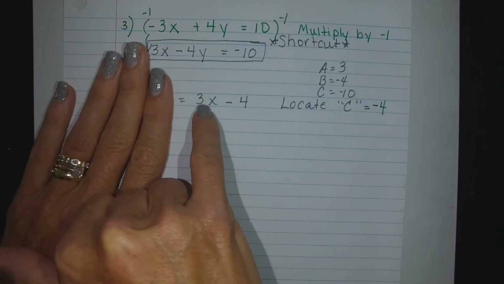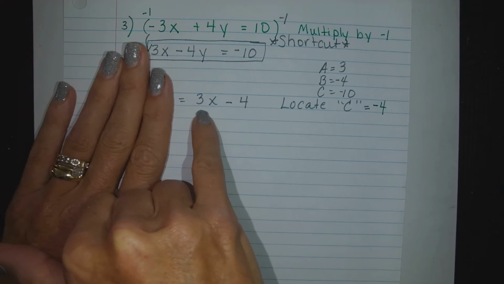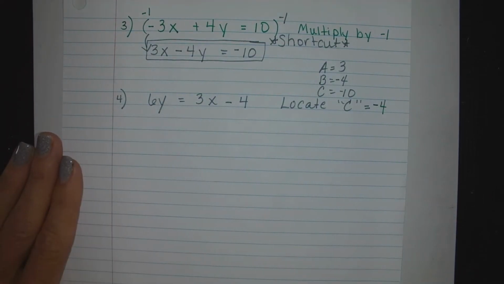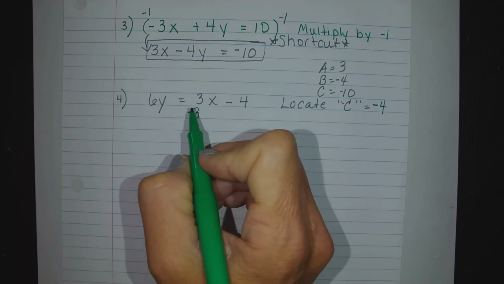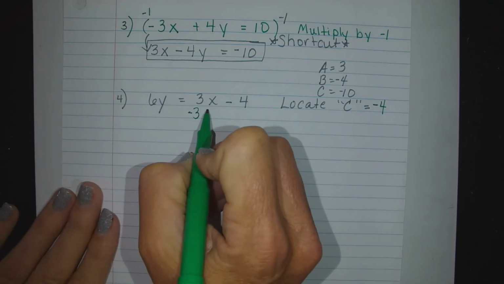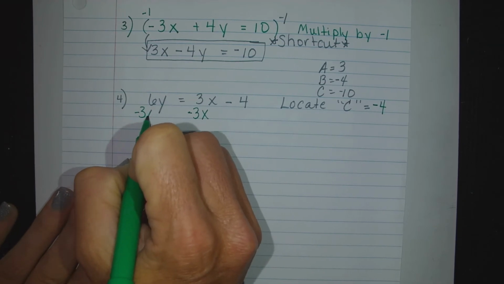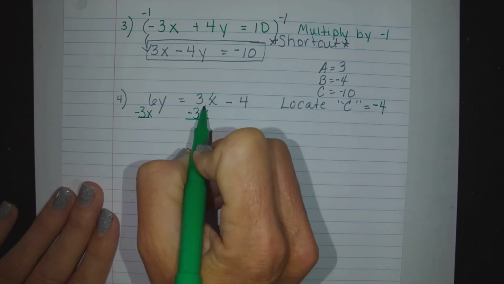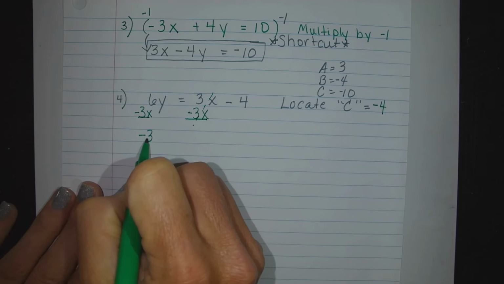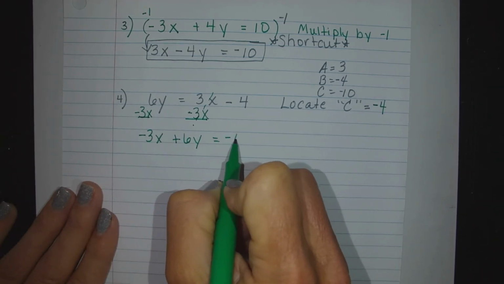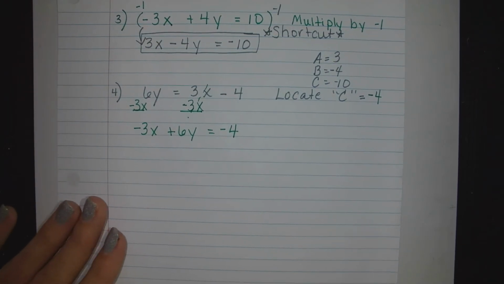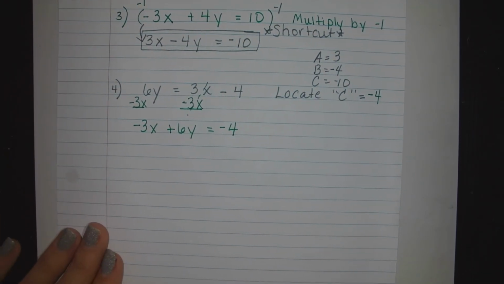What's in the way? 3x, so it's positive. How do I move it? You move it to the other side and it becomes what? Negative. Negative 3x plus 6y equals negative 4. Not quite done yet. What is wrong?